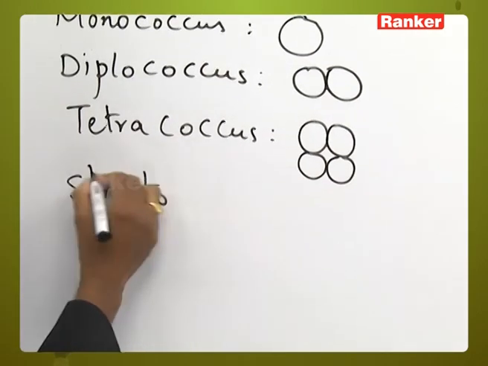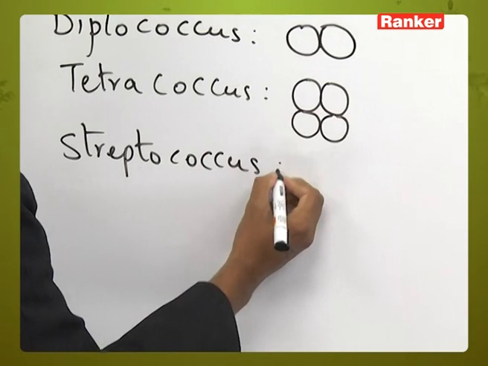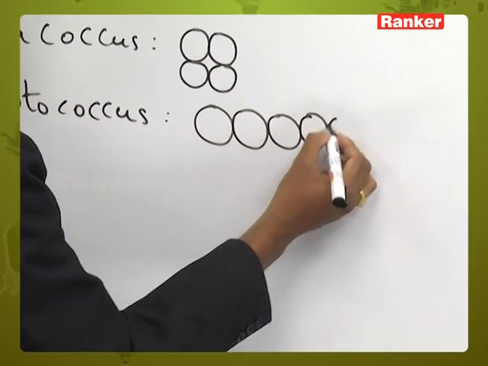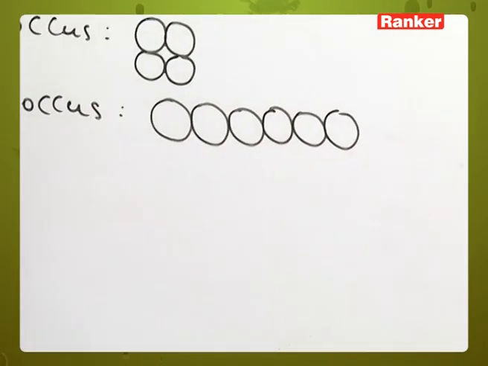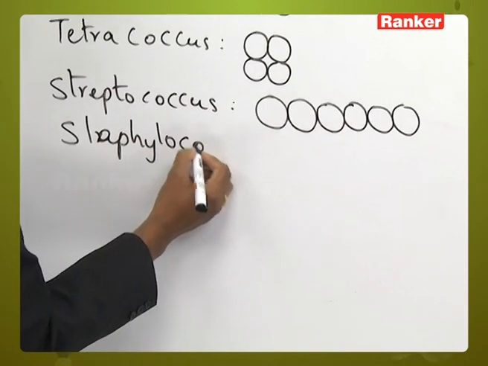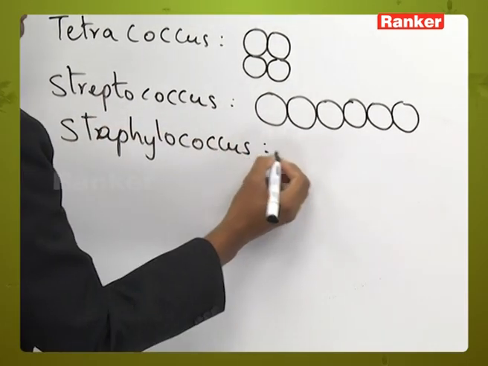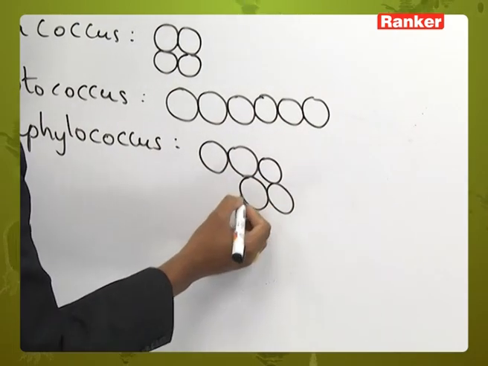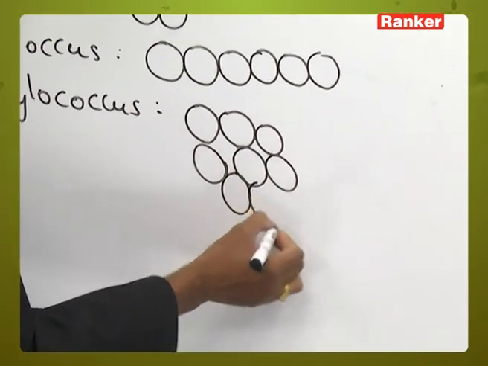Streptococcus, where a chain of spherical structures is present. Staphylococcus, with many spherical structures irregularly arranged without any specific arrangement.